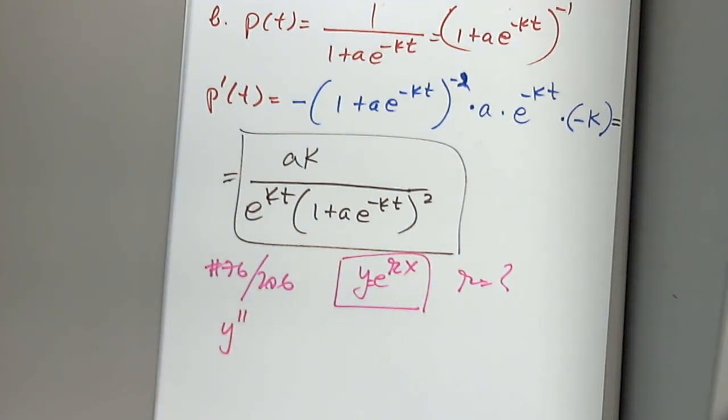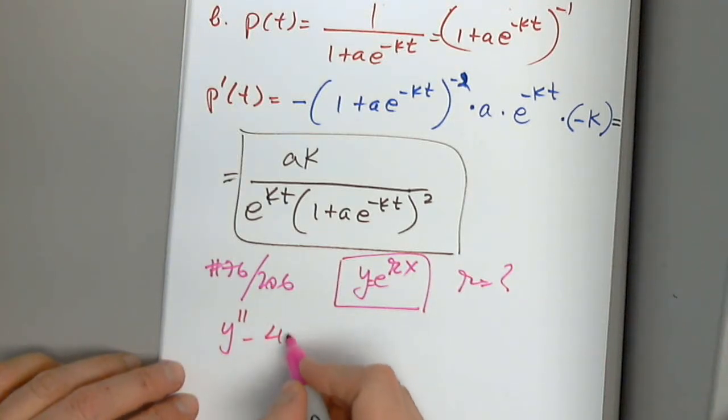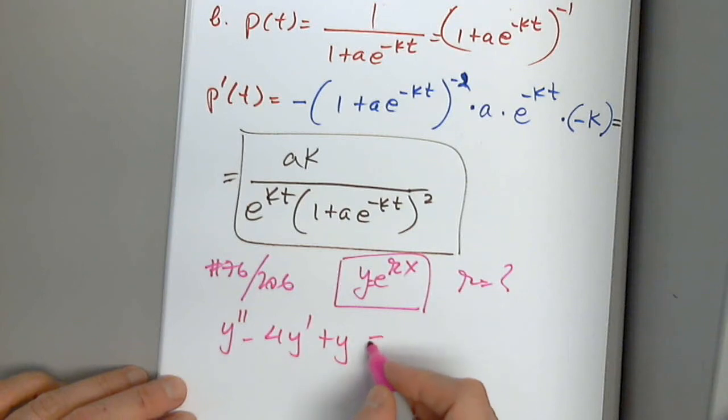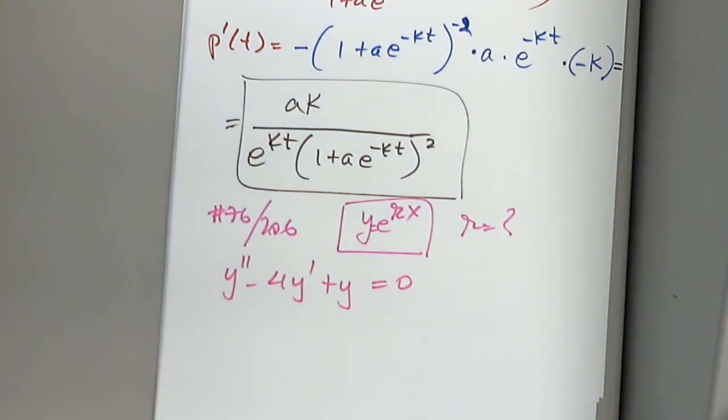The second derivative of y minus 4 times y prime, first derivative, plus y equals 0. We're given a function, and the function is e raised to r times x. So like e to u, function of x. We're asked to find r, and we are given this equation. Find r so that the function complies with the given condition.